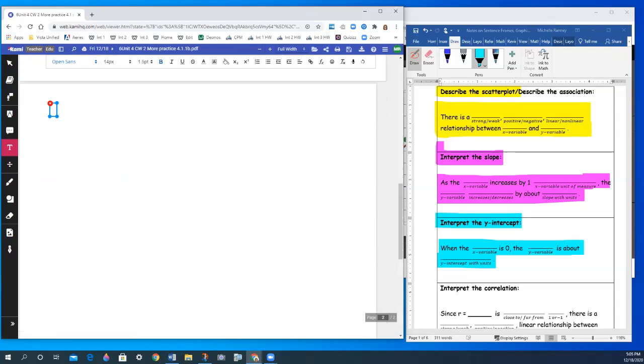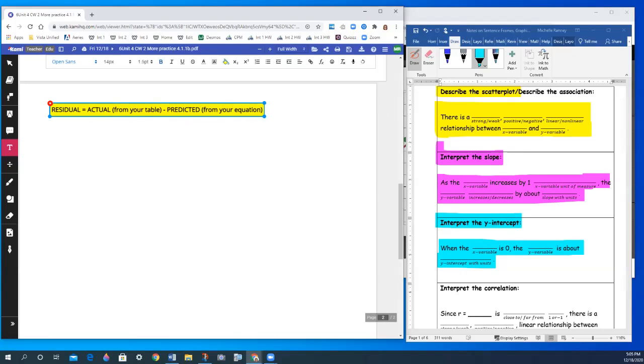Residual is equal to your actual, and when I say actual, this is from your table, minus predicted, and this is from your equation.